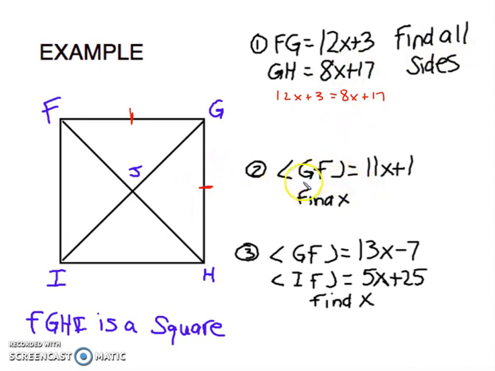For this one, angle GFJ, if we look, angle GFJ would be right here. So for that, we know that that's 11x plus 1. And so I'm going to write that right up here, 11x plus 1. GFJ, so that's right here, this angle.